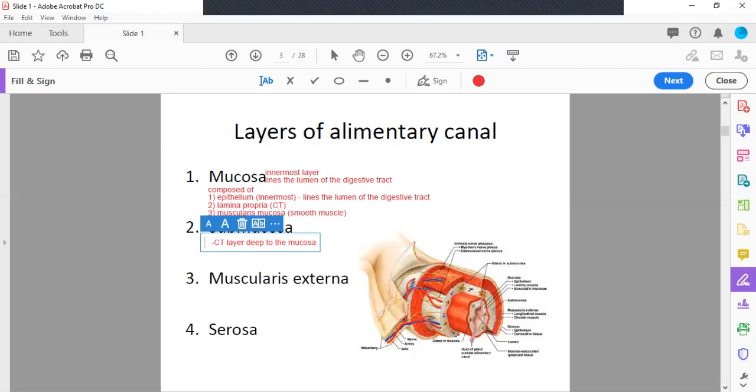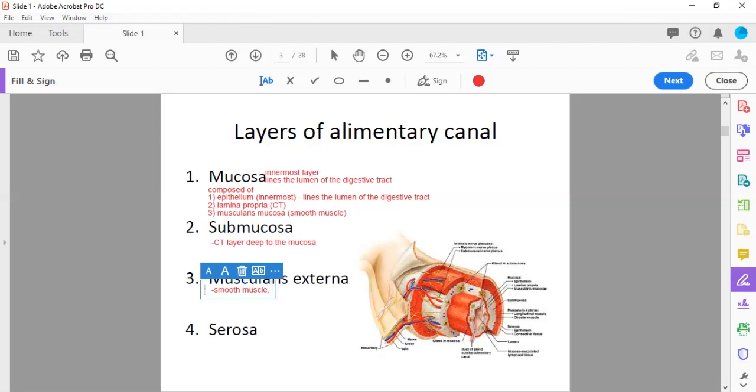Now the muscularis externa is going to be a smooth muscle, and this smooth muscle is composed of two layers, okay?